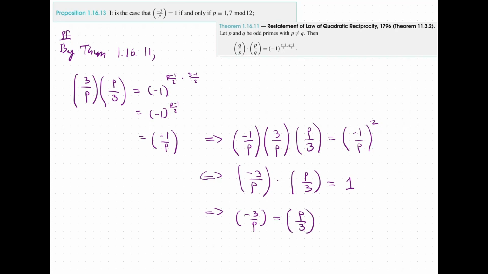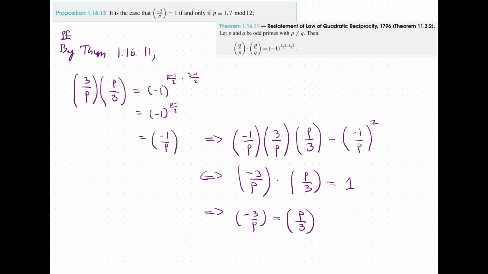But what we want is -3 on p. And so the hard part here is that we're working over the integers modulo p, but this is telling us that that's precisely those primes that are perfect squares mod 3. And so for that to happen, those primes when we reduce mod 3 must be perfect squares.